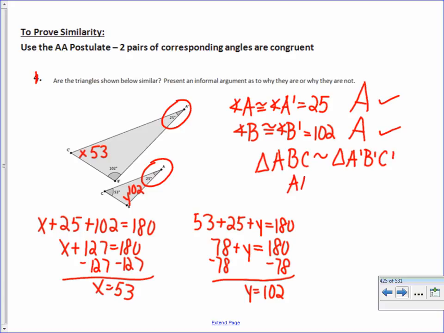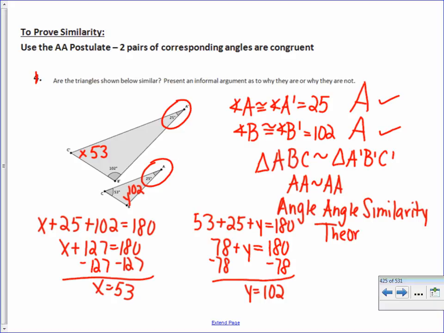I have angle, angle, similar to angle, angle. And just write out angle, angle, similarity theorem. And you're showing me all of the work to justify that those two angles are congruent.